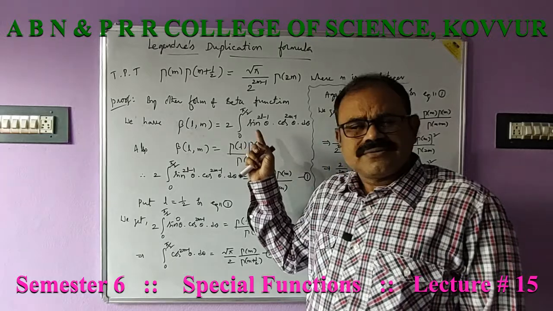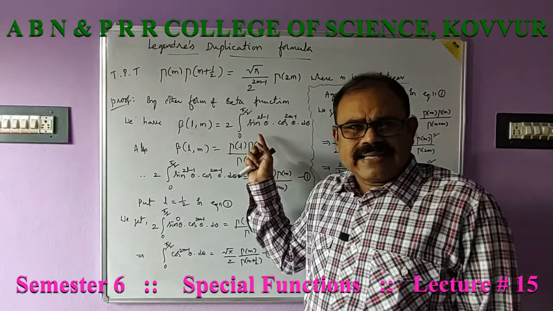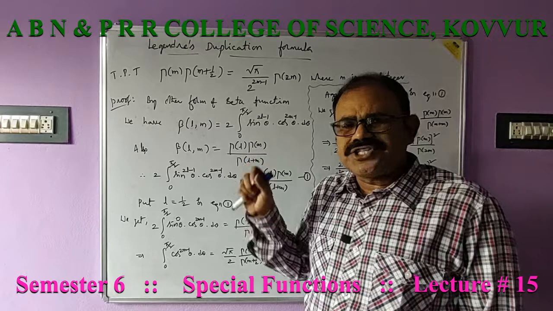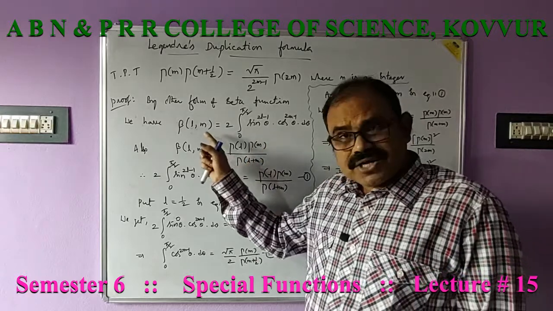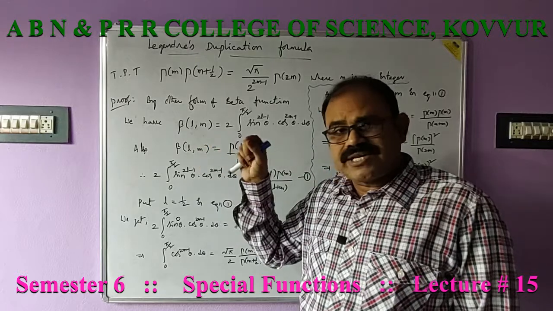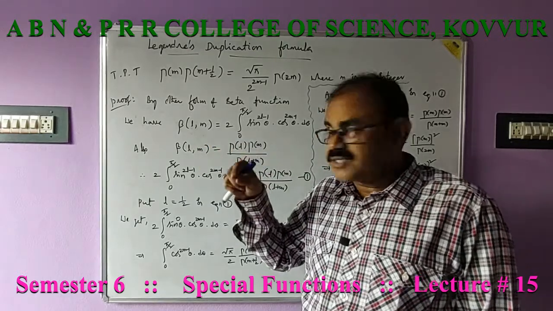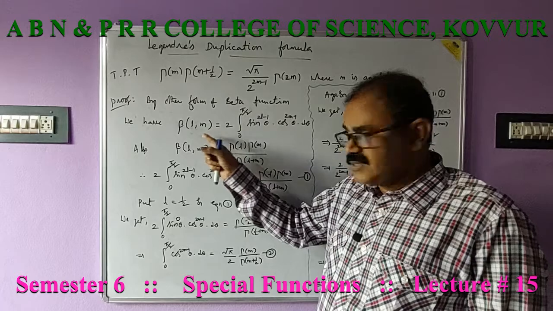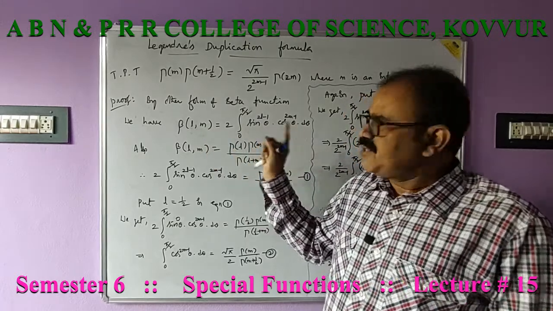The same we have proved while deriving the relation between beta and gamma functions. So in place of the standard beta function, if you take x is equal to sin square theta, we get this result. This is another form of beta function.